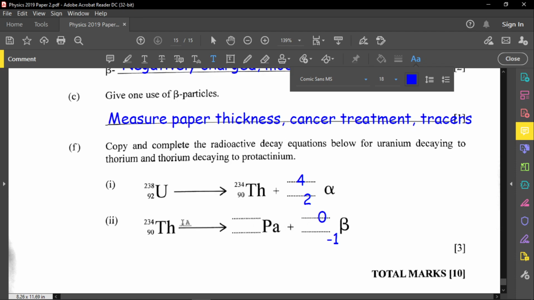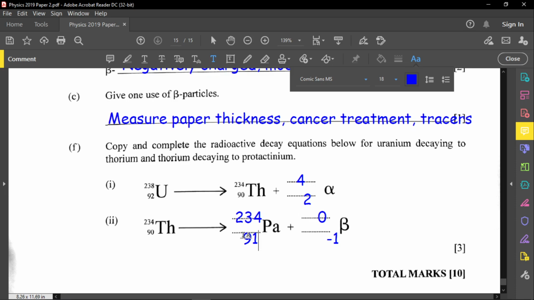Because we know it's beta, if there's no change in mass, we're going to put 234 here. No change in mass. And at the bottom we have 90, so here we're going to put 91, because 91 plus a negative 1 will give us 90. Very important there.